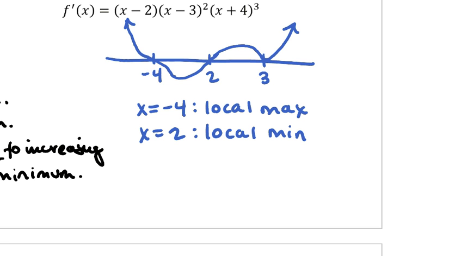All right, I just realized that there was something I didn't talk about on this example. How did I know that it came from above, from the left, and then went up to the right? That was something I just completely glossed over. Yeah, if we look at it, the degree of the polynomial is going to be 6 because 3 and 2 is 5, and then 1 more is 6.